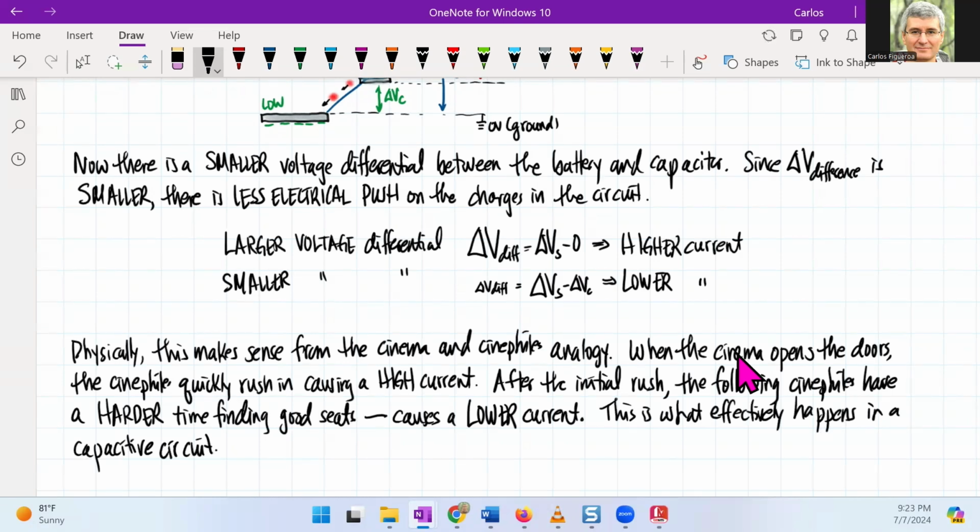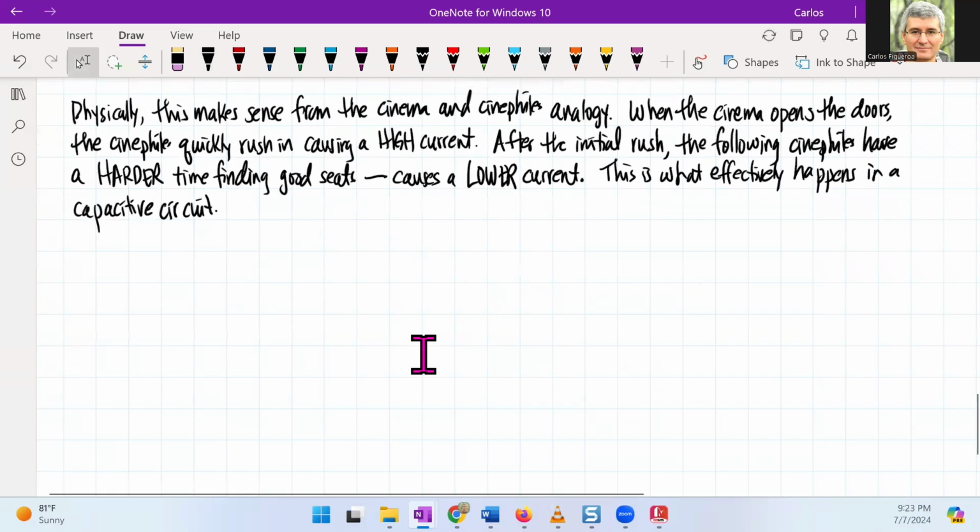The capacitor ends up with the lower current because it's harder to put charge on the plates.